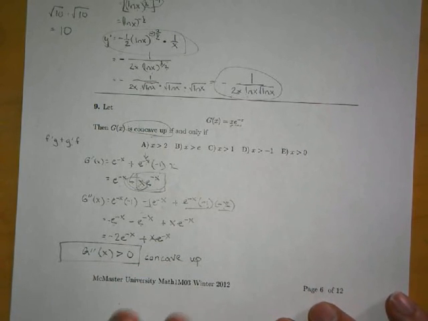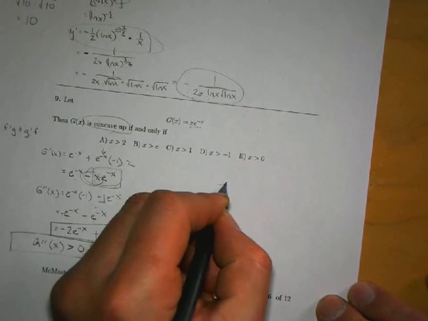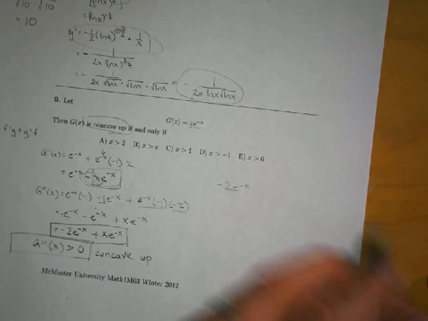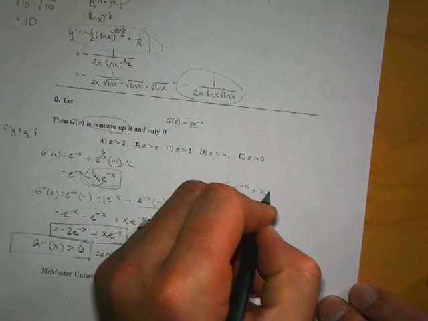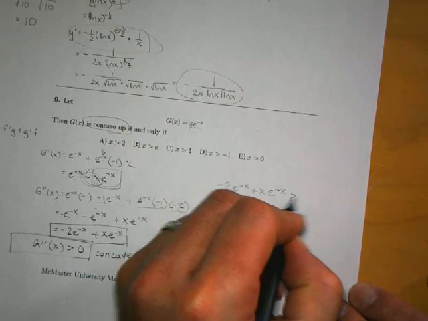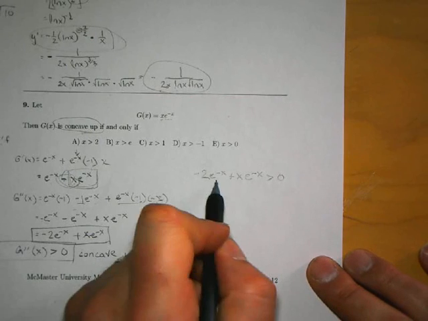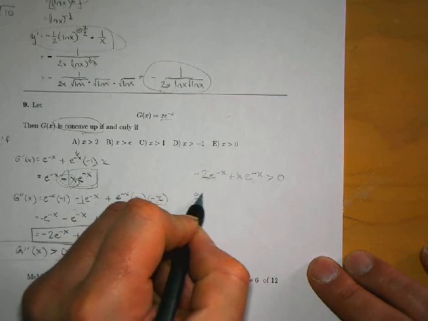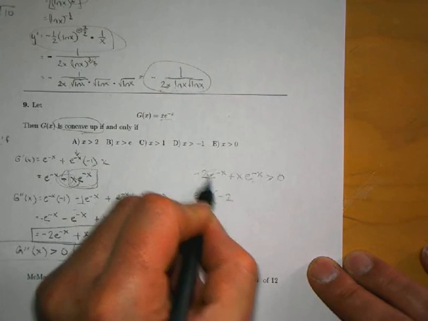Okay, so I'm going to take this expression over here, negative 2 e to negative x, plus x e to negative x. I want to know when is that positive, when is it greater than 0. Okay, notice that e to negative x is common to both terms, so I'm going to factor that out, e to negative x, and I'm left with negative 2 from the first term, right, because that's been factored out.